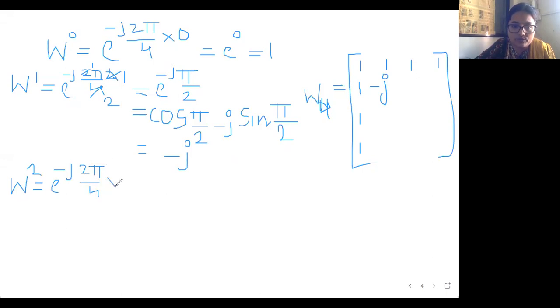This is my W raised to 2. Let us reduce it. This 2 and this 4 are going to cancel each other. What will remain here? e raised to minus j pi.